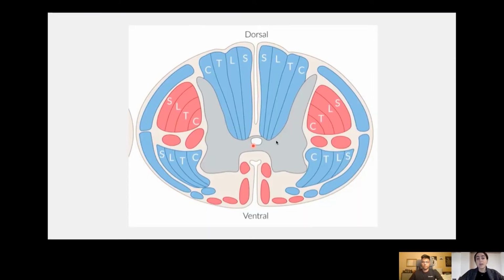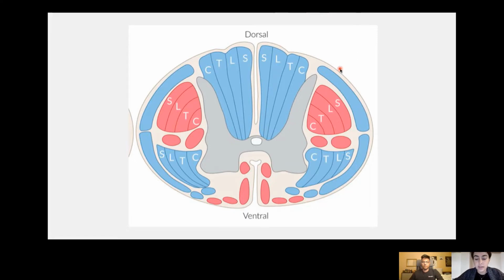So what can you see here? You can see here that most medially we have the sacral level. When the first order neuron enters through the dorsal horn, they will go to the most medial part. Then if you have a first order neuron from the lumbar level, they will enter the dorsal horn and they will go laterally to the sacral level.